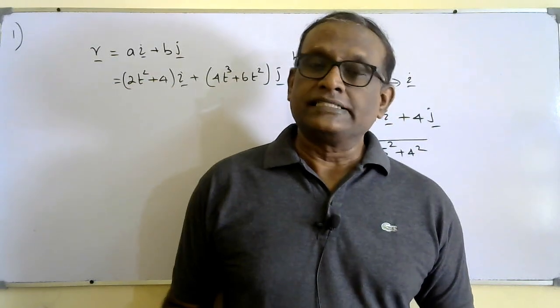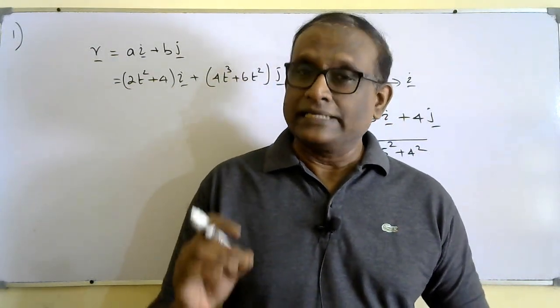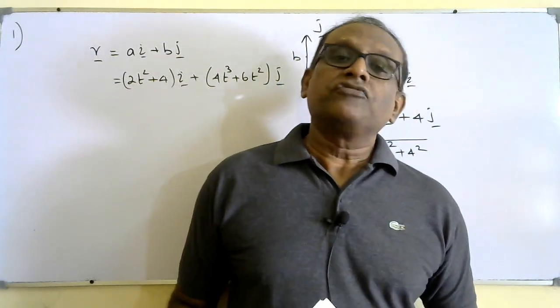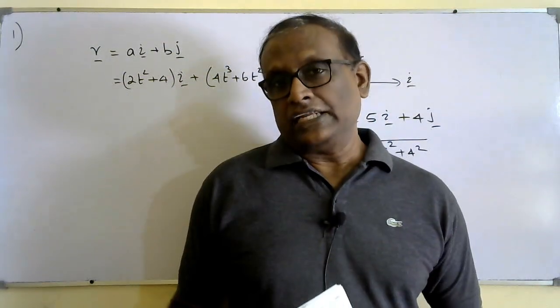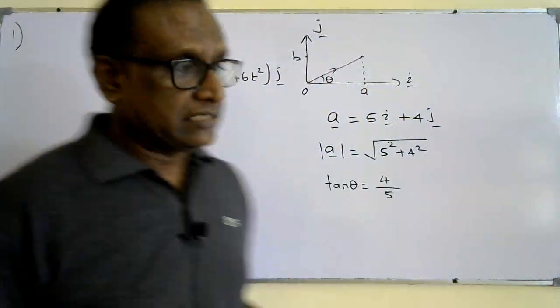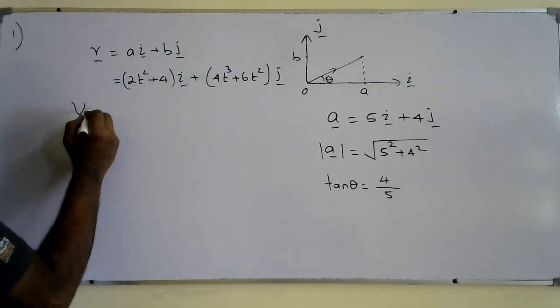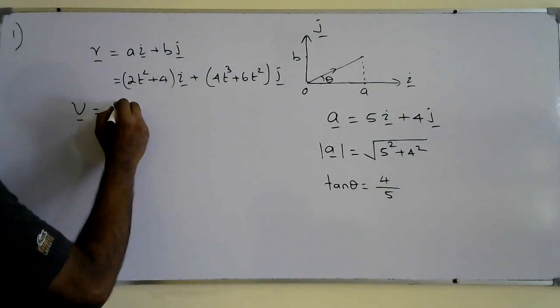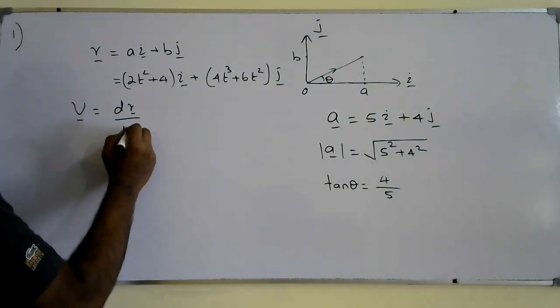Okay, so you know the position vector of the particle at a particular time t. To find the velocity of that particle, differentiate the position vector. That is, the velocity vector is given by differentiating the position vector, dr over dt.